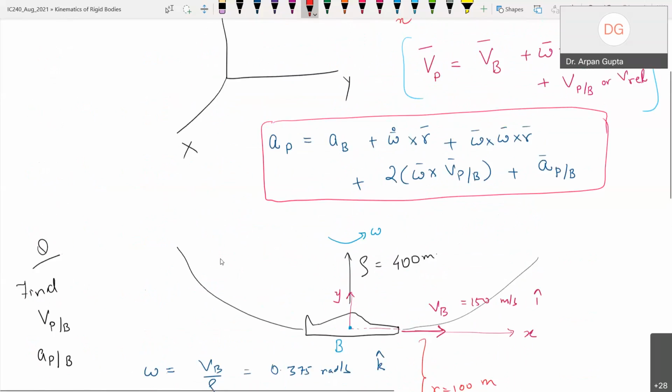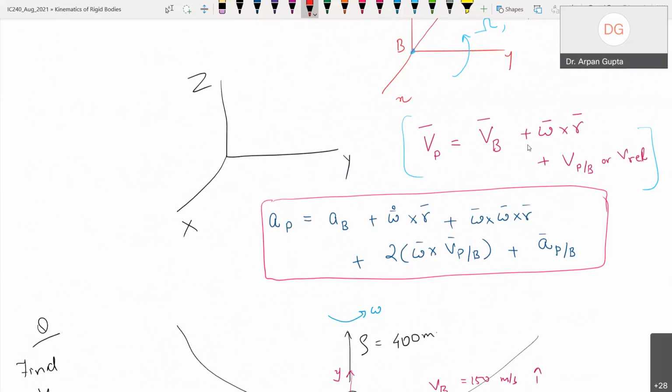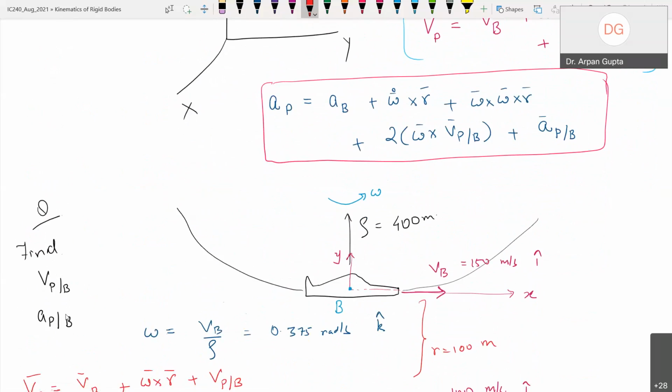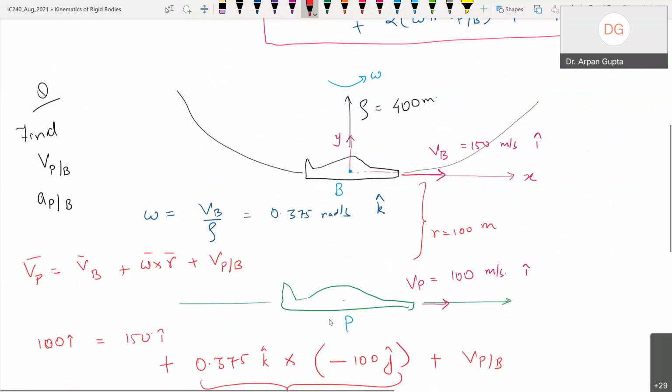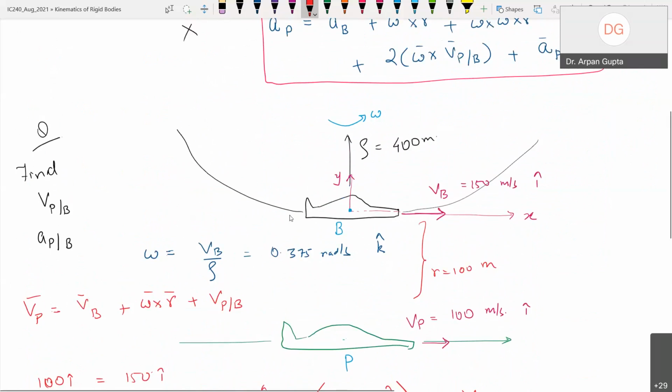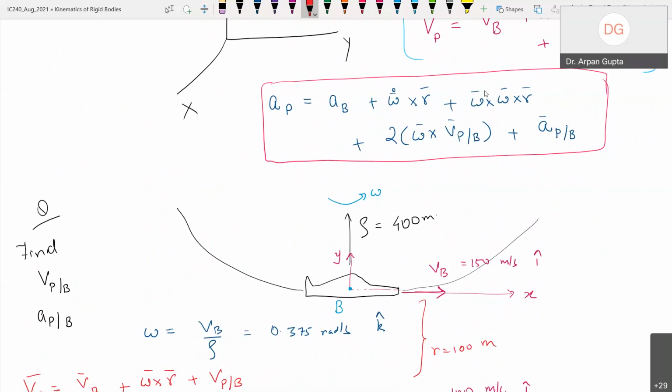So that's the very simple application of the first part. The second part is acceleration of point P as observed from B. Again, same logic. So we will now use this equation here.